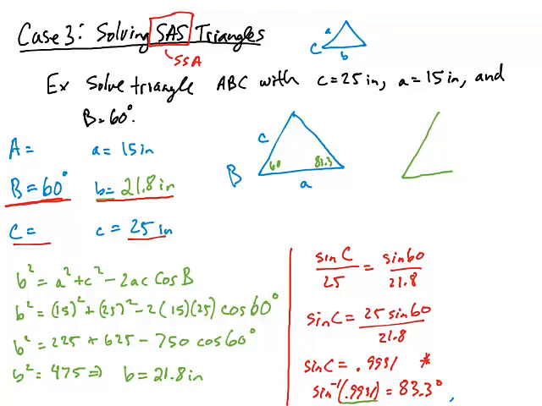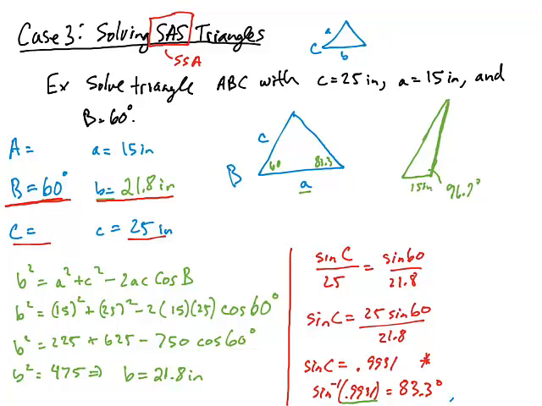Well, that's going to mean that this triangle has an angle that is greater than 90, and that would mean that this angle in here would be 96.7. Well, the problem is if we have the triangle angled kind of backwards like this, this side A, which was 15 inches, is no longer going to fit.